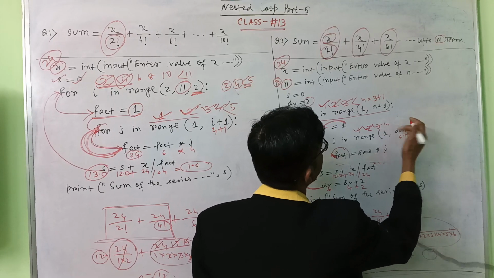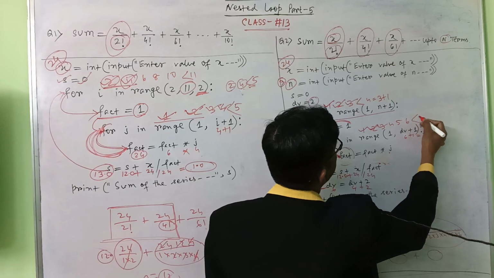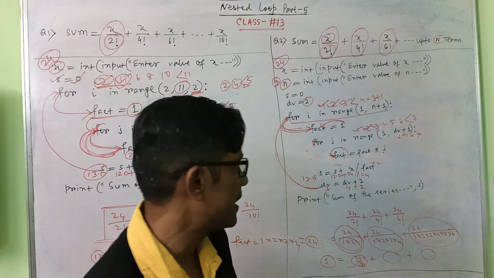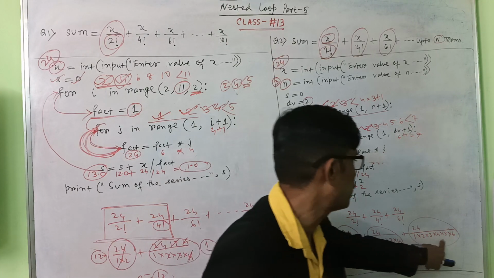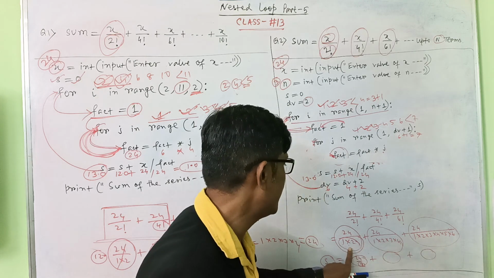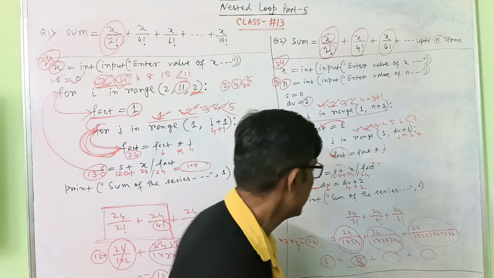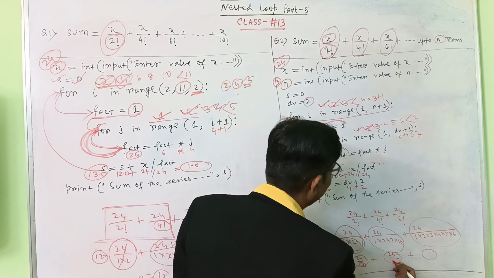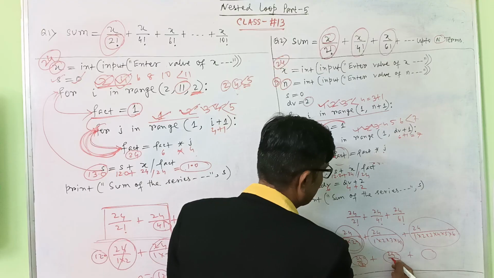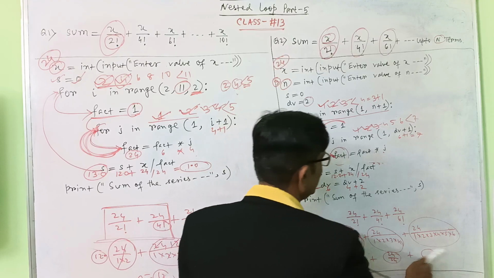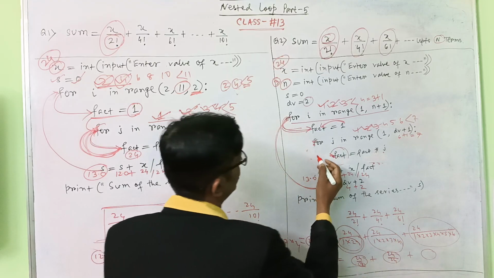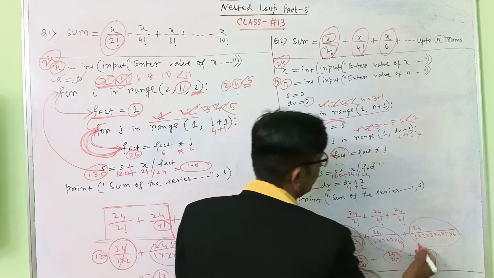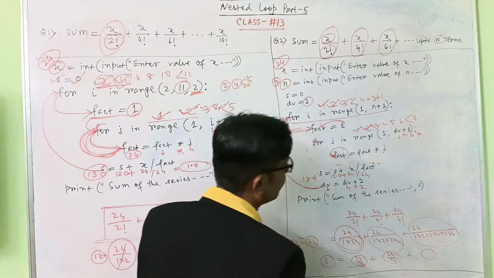So 5, 6, less than 7. So this time you can understand, we are doing this calculation. We have done this and this, now we will do this. This calculation, how much we are getting? 24 by 24. So yeah, let us see. So this time we will calculate 1 into 2 into, so this loop will give you how much?